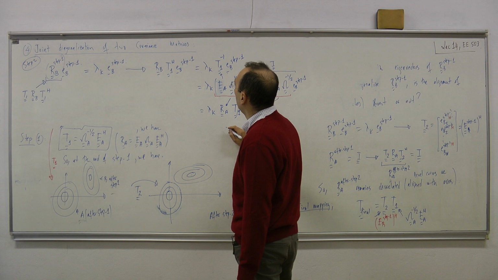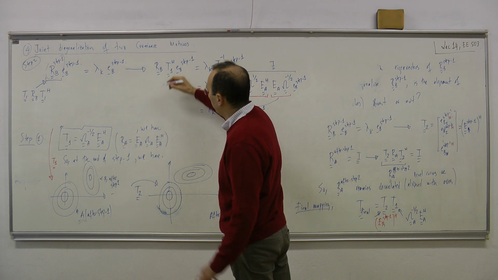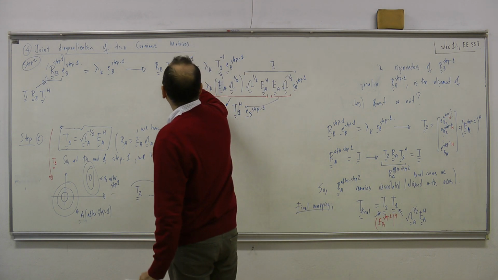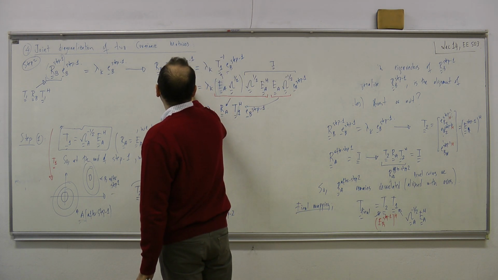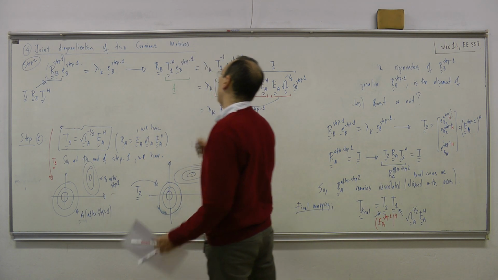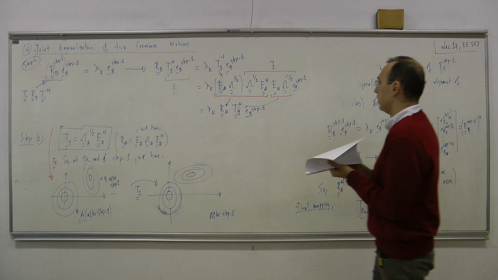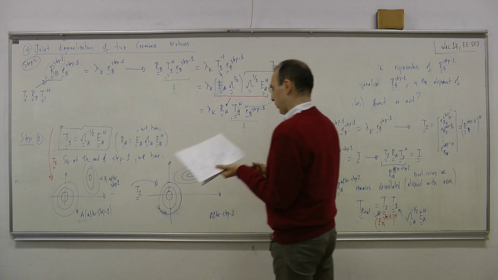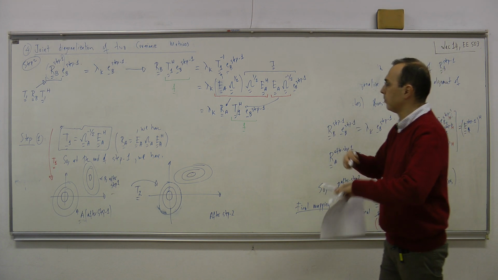Okay. So I'm trying to combine these two steps together. So if I write, for example, this as my F vector, a vector F, then this is also F, am I right? Then what do I have?